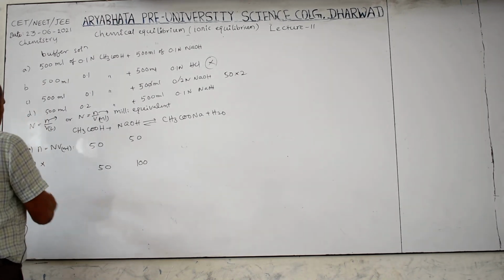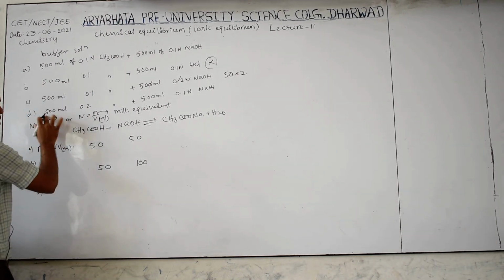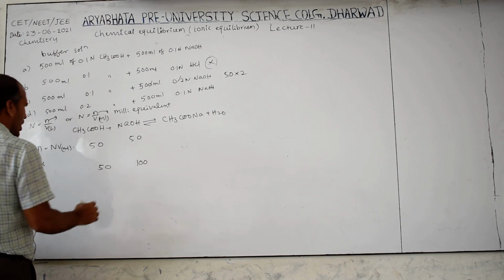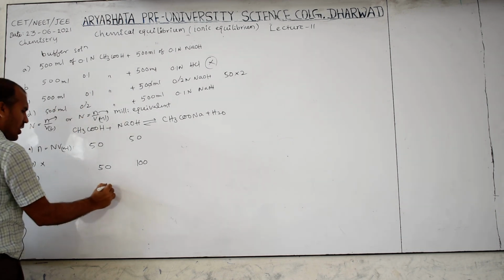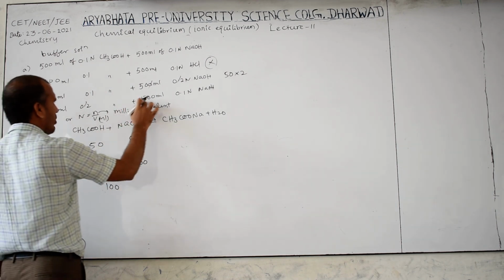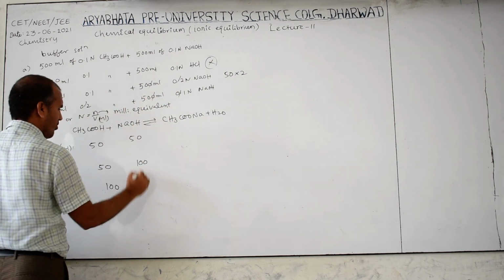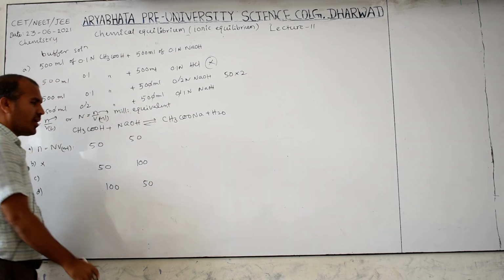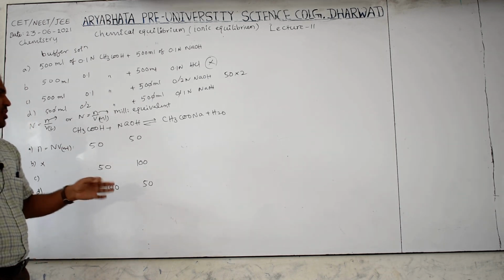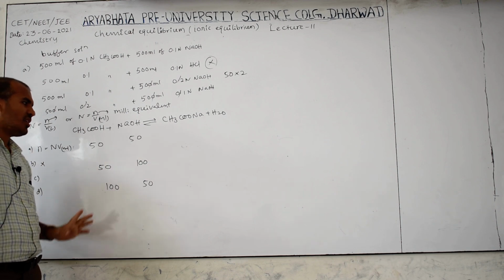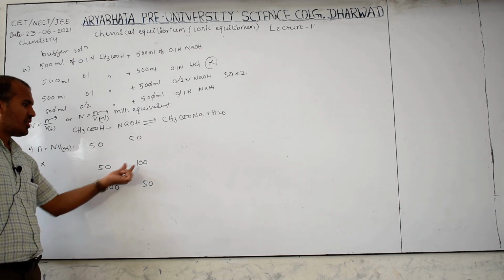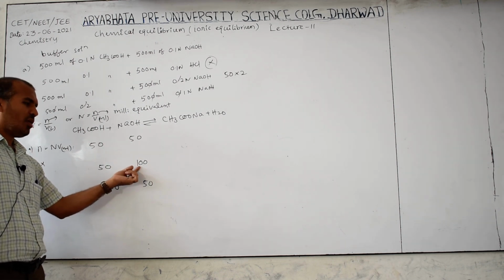And next, the D case: 500 into 0.2 gives 100, and 500 into 0.1 gives 50. Already I told you that to get a buffer solution, the base should be the limiting reagent. If both are equal, both are limiting. Here the acid is higher, so the base is limiting.